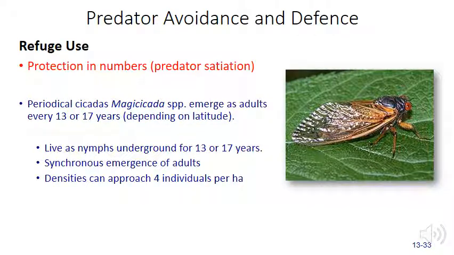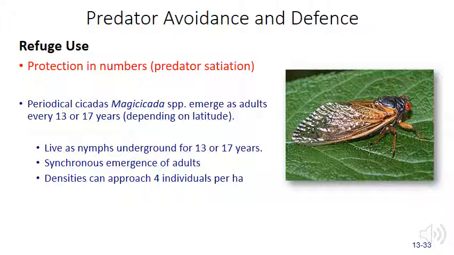So another good example of this protection in numbers comes from the insect world. Species of periodical cicada will feed underground as larvae for periods of 13 to 17 years, depending on the latitude. And when they emerge in response to a set of environmental conditions, all of these individuals that have been in the larval stage for over a decade will suddenly emerge simultaneously.